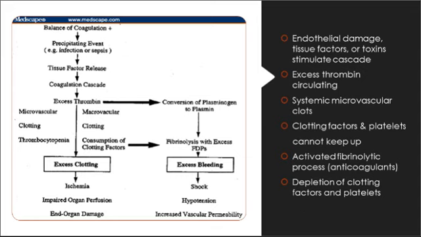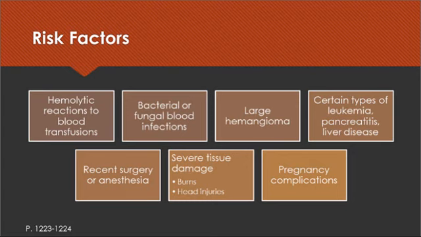Okay, next slide. Risk factors: multiple risk factors, pages 1223 and 1224 list the factors. Hemolytic reactions to blood transfusions, hemolytic meaning it's a reaction that occurs in the blood and causes this DIC.